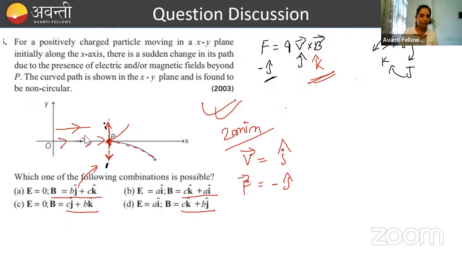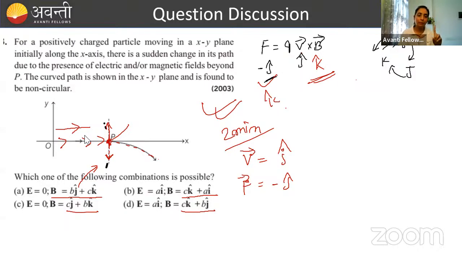So i cross j will give you k cap. So the force will be in the k cap direction. So the force should be both in minus j cap and k cap according to the first option.